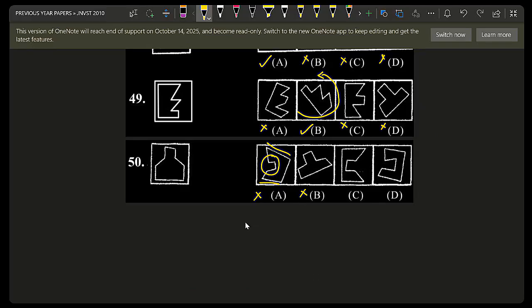C may be correct and D may be correct. But how to choose between C and D? To choose between C and D, you can concentrate on these widths, this width and this width. C is matching, but D is somewhat smaller in size, so it does not match. So we're going with option C and D is not.